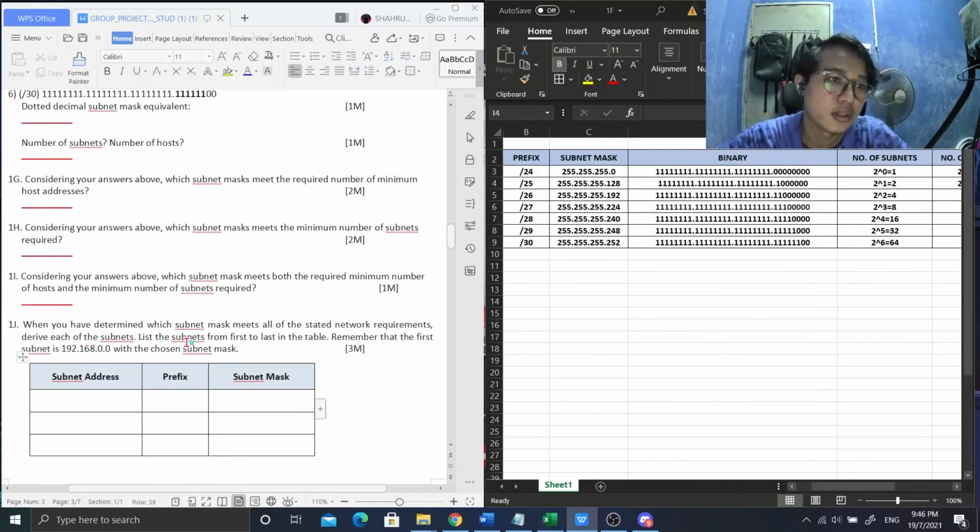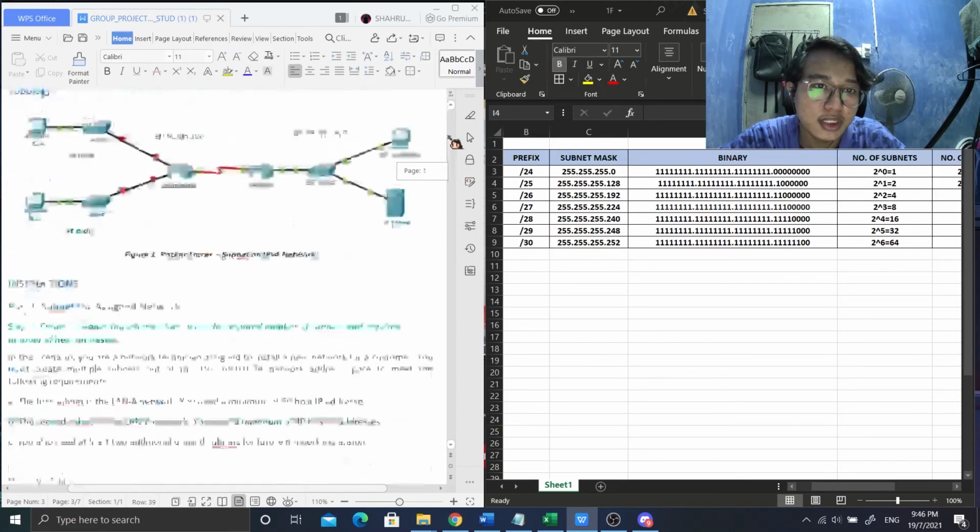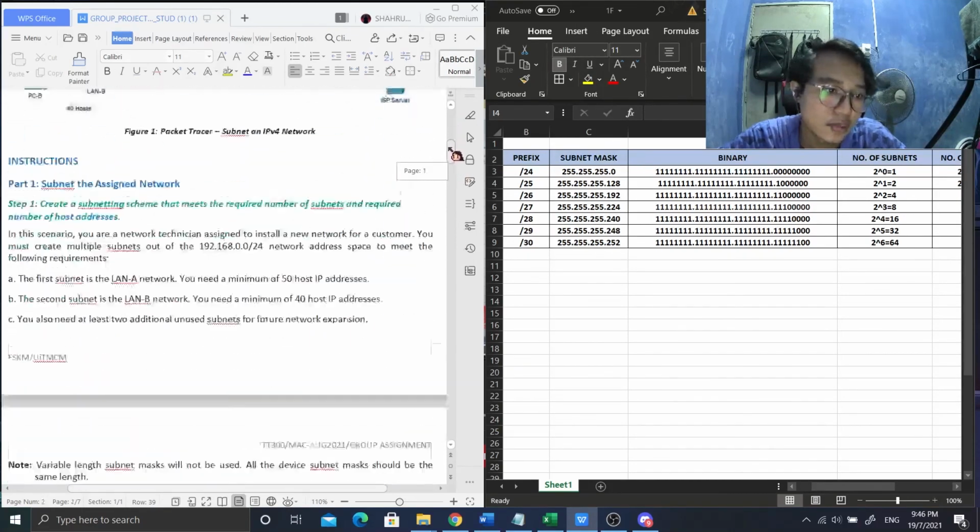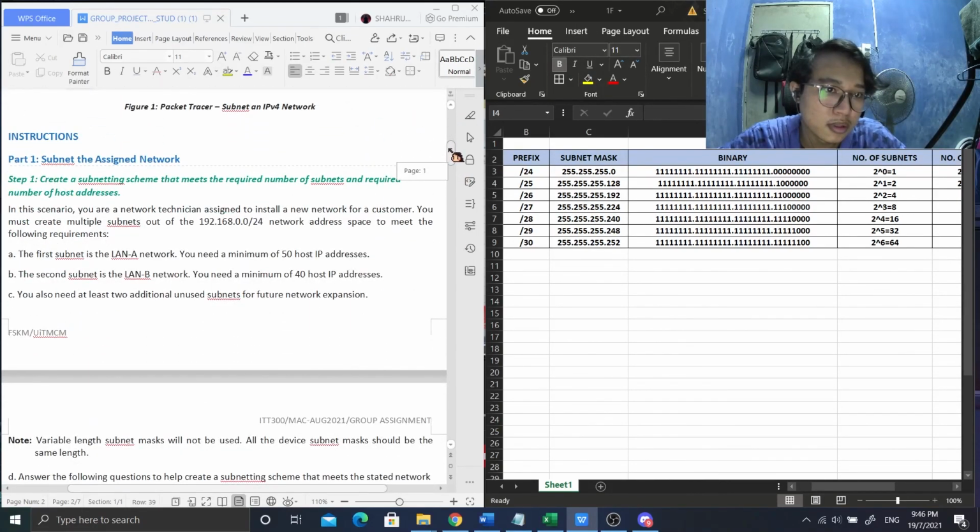Okay, question 1G, considering your answer above, which subnets must meet the required minimum number of host addresses? To find it, we just see the requirement for the subnetting. The first subnet is the LAN A network.